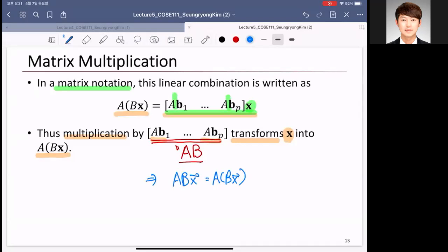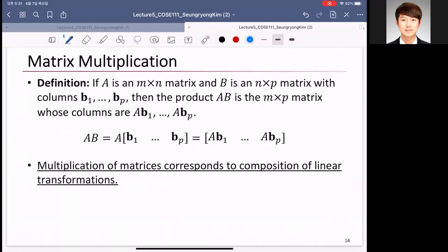Okay, so let's move to the definition. It's not a theorem, it's a definition. Matrix A is m by n, and matrix B is n by p with columns B1, B2, through BP. Then the product AB is an m by p matrix whose columns are AB1, AB2, through ABP.